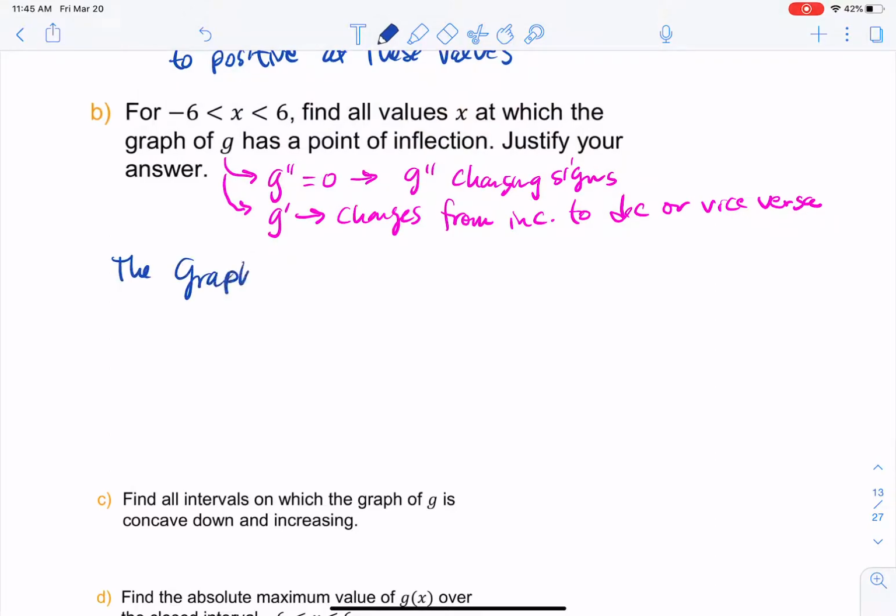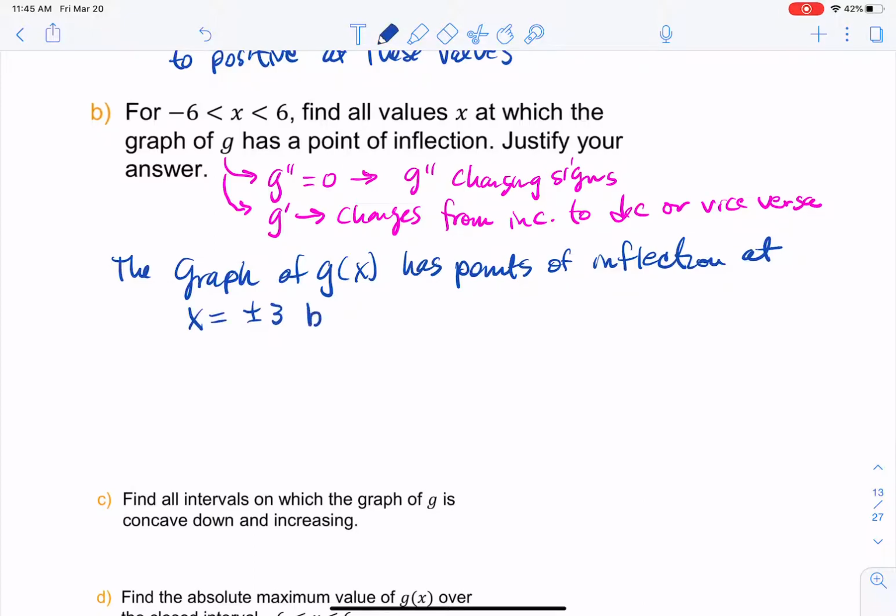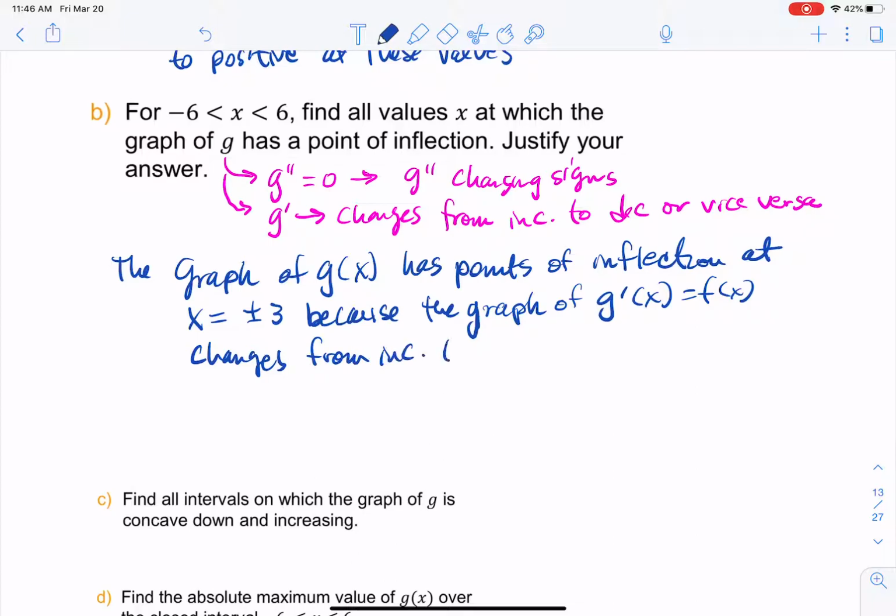The graph of g of x has points of inflection at x is equal to ±3 because the graph of g prime of x, which is equal to f of x, changes from increasing, actually, let's write that word out, to decreasing.